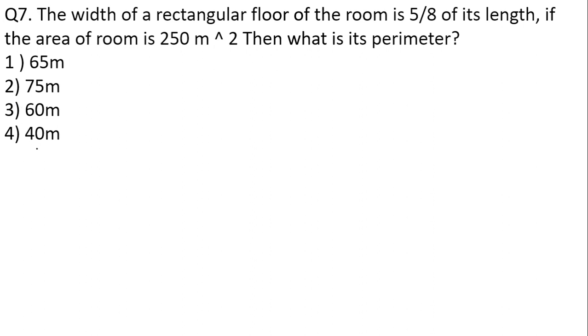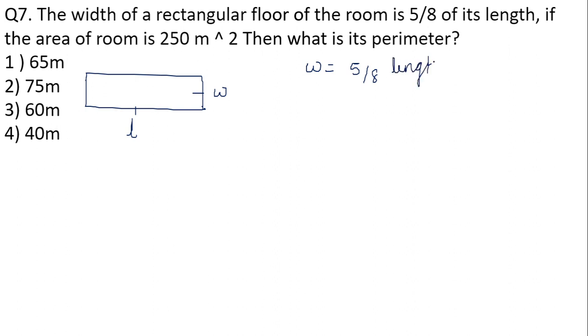Let us try to understand the question. The width of a rectangular room, for example, this is the rectangular room. This is of length L and of width W. The width of this rectangular floor or room is 5 by 8 times of length. Can I write like this? 5 by 8 times of length.